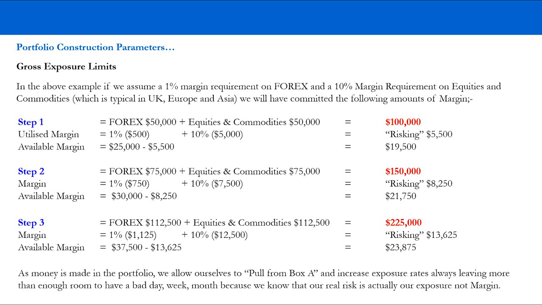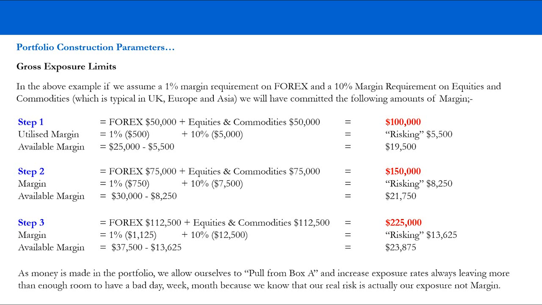So in the above example, if we assume a 1% margin requirement on Forex and a 10% margin requirement on equities and commodities, so what's typical in the UK, Europe and Asia, we'll have committed the following amounts of margin.